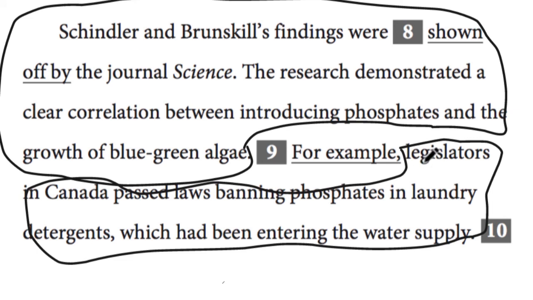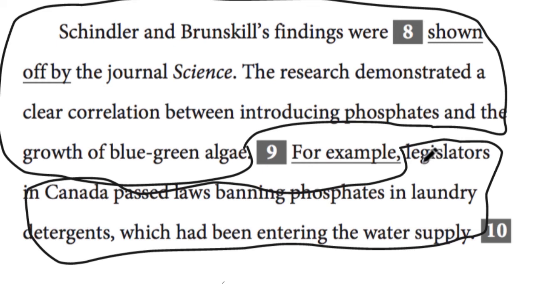The second step is to figure out the relationship between the two ideas. The idea before the underlined phrase is that research shows that there is a correlation or a relationship between introducing phosphates and the growth of algae.